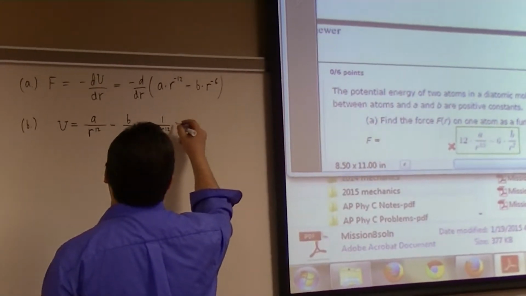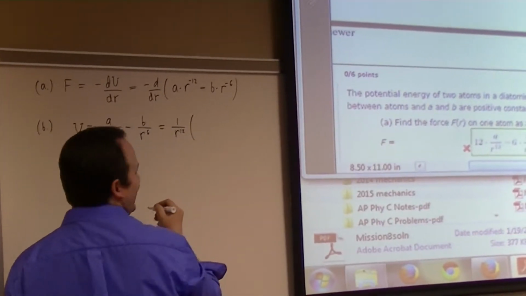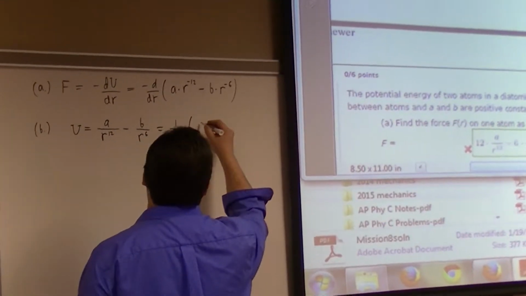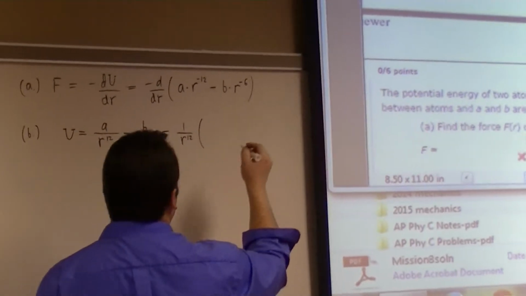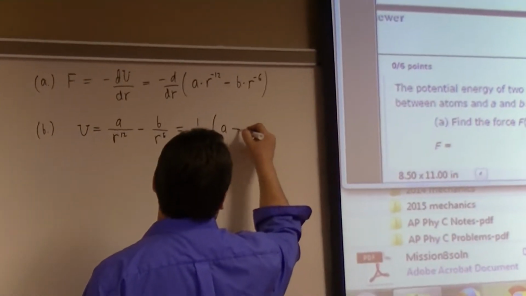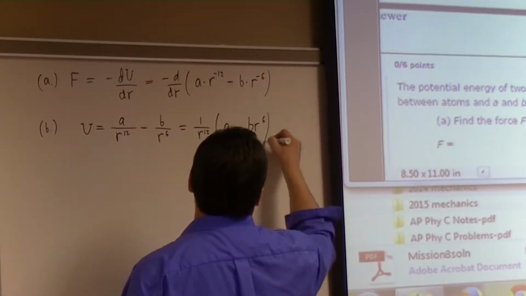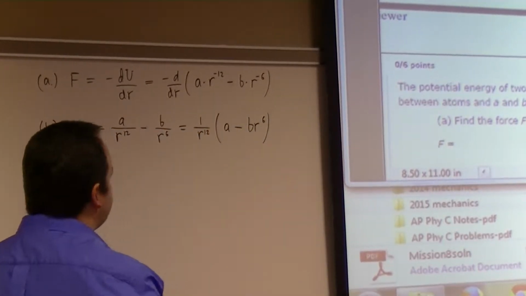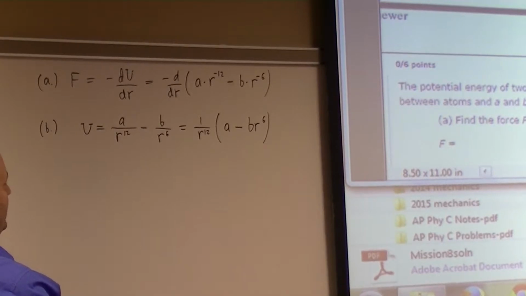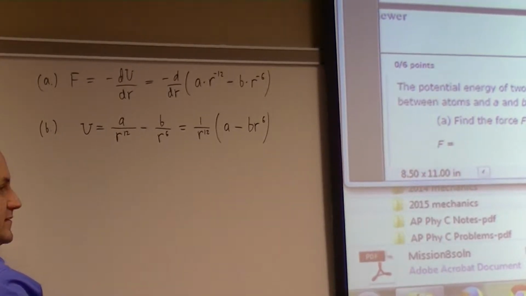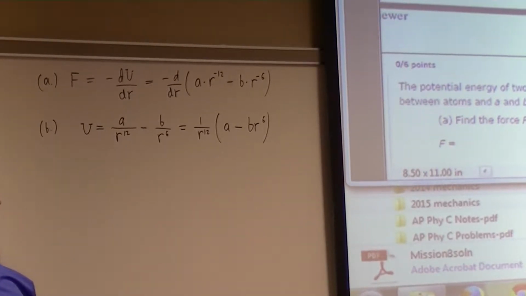I'm ignoring you guys. I mean, you're right. You could factor out R to the 6th, but if you do this, it's more fun, right? Because then you've got A minus what? B R to the 6th, right? Oh, this doesn't really help us either, though. Where are equilibriums? I mean, this will tell me where the potential is 0.